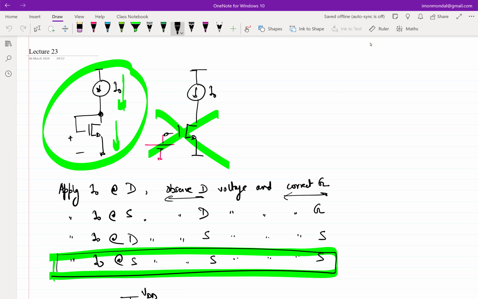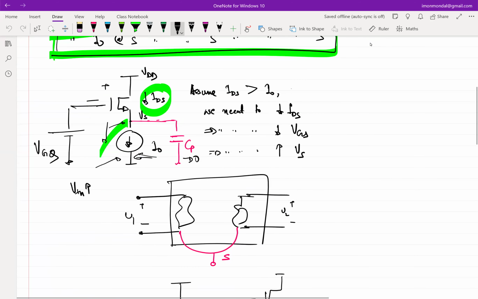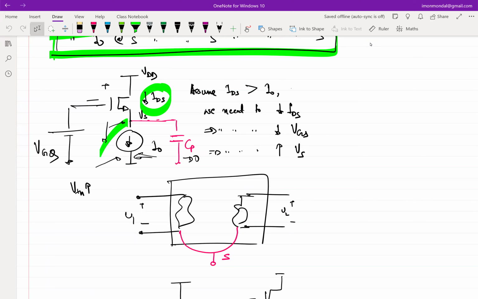One is the one that you already see on the screen, and the other was essentially this. You simply connect the current source to the source of the transistor, and everything gets auto-adjusted. And why does it work?